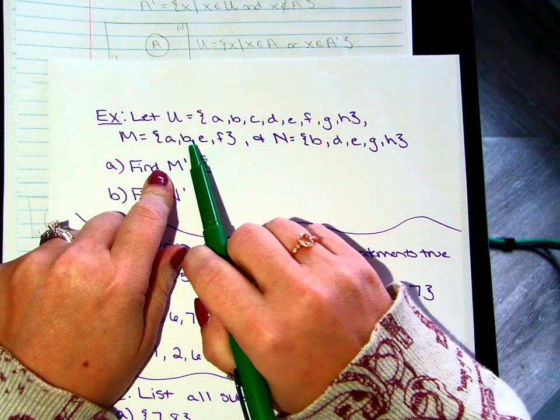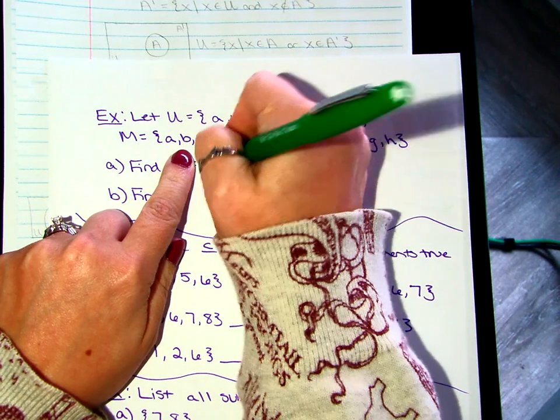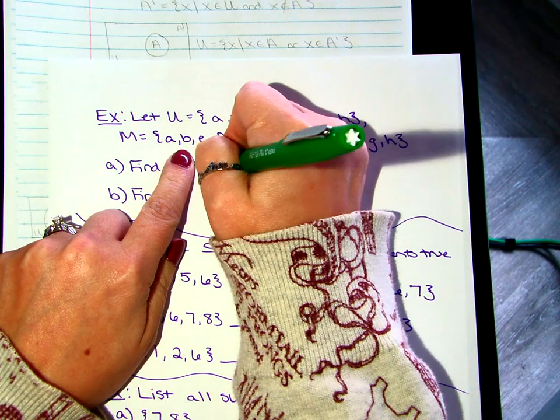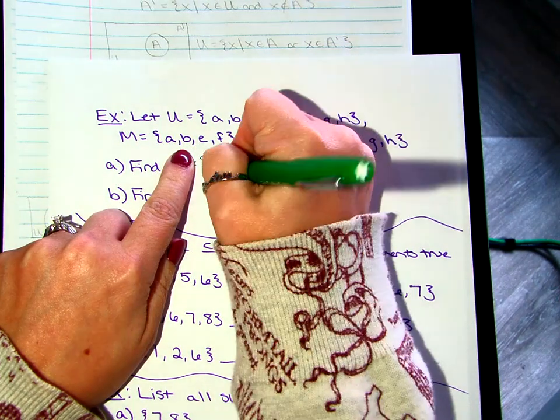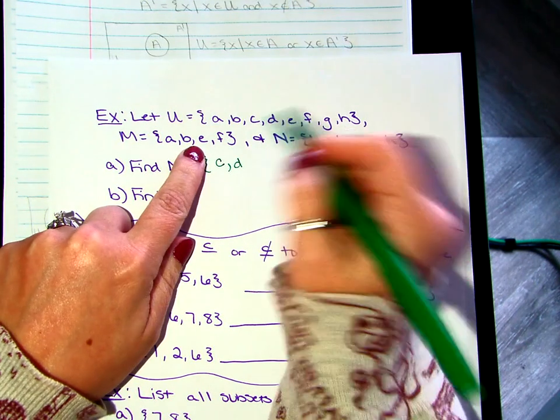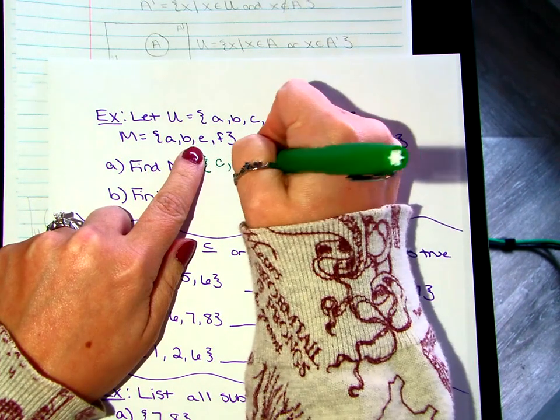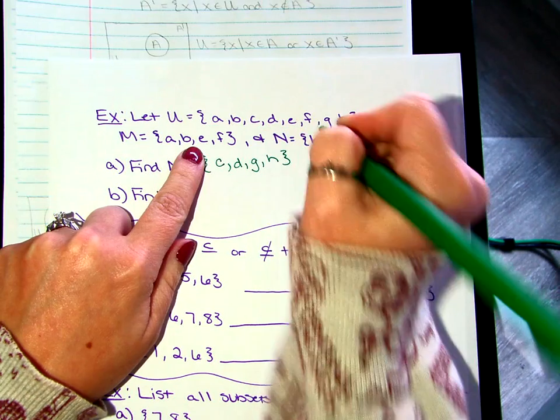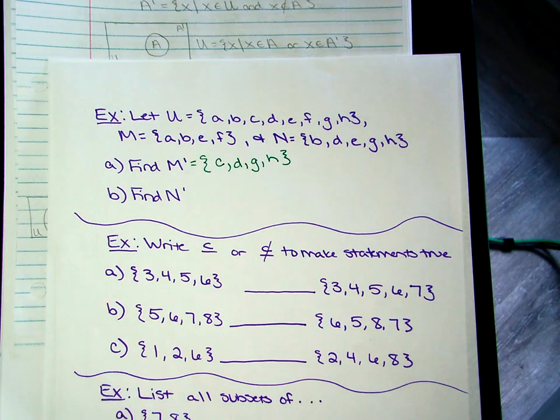I have A, B. Well, C lives in the universe but doesn't live in M, so it's got to live in the complement. D lives in the universe, doesn't live in M. E, F, and then there's G and H. So you are simply listing the elements that live in U that don't live in M. That is M complement.